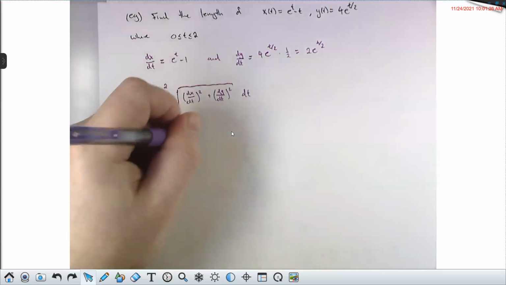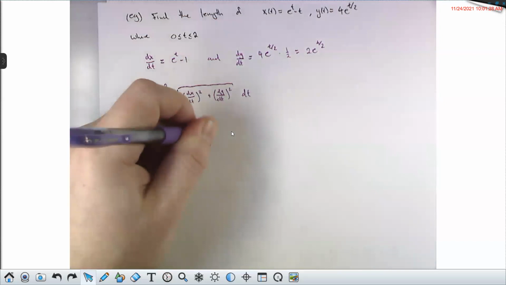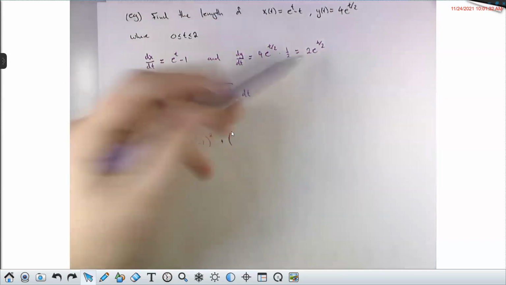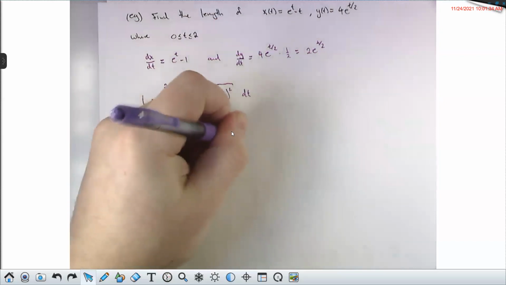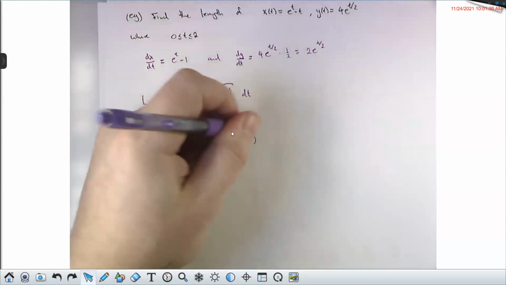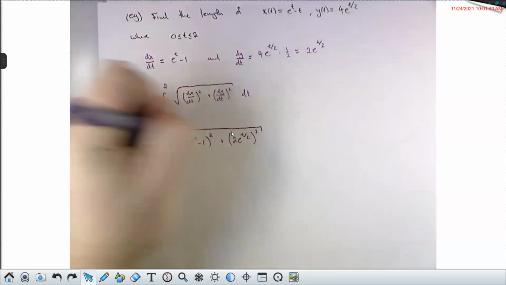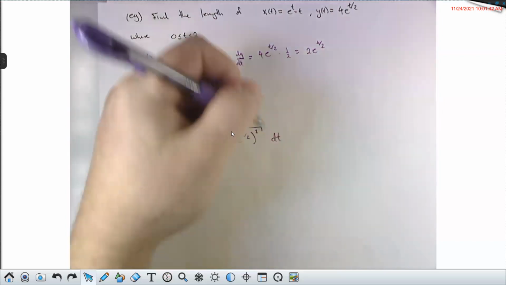So that's (e^t - 1) squared plus this thing squared, 2e^(t/2), all squared, dt.